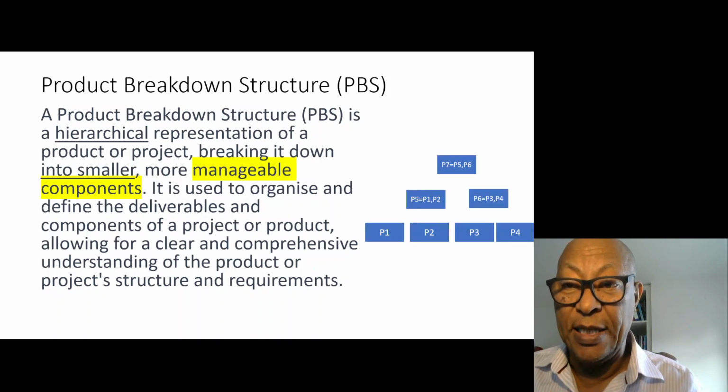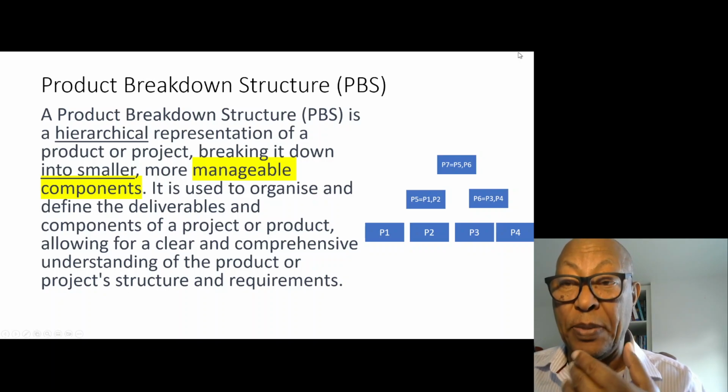As you can see here, P1, P2, P3, and P4 are the smallest elements which need to be designed and developed to give us the next hierarchy. That is, P2 and P1 give us P5, and similarly P3 and P4 give us P6, and the combination of P5 and P6 gives us P7.